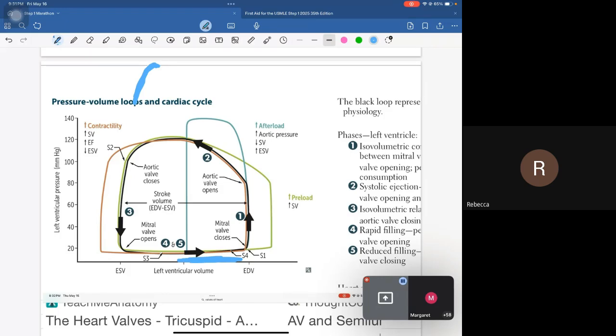Now, one important thing is what can cause this A wave to become larger. Can the A wave become very large? As we have just discussed, whenever there is tricuspid stenosis, pulmonary stenosis or right bundle branch block, the right side of the heart is going to have more blood.